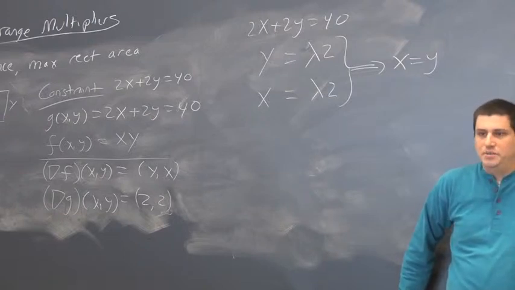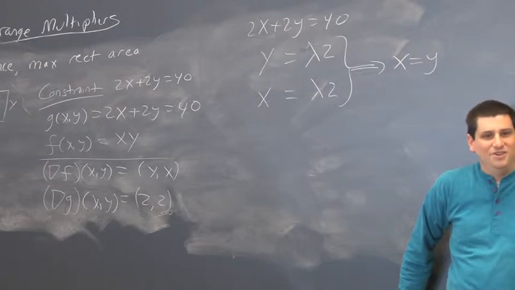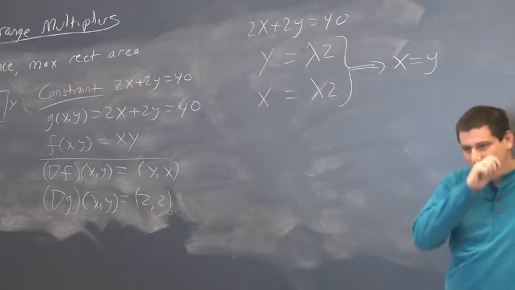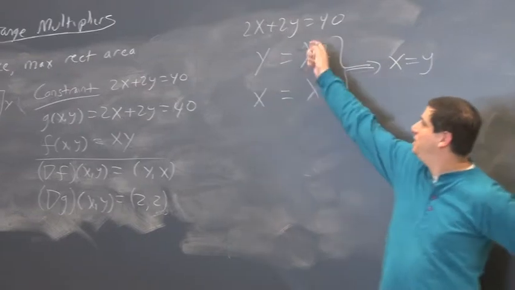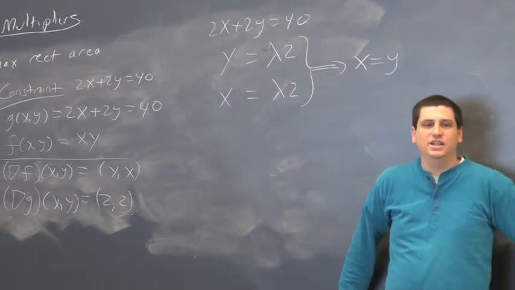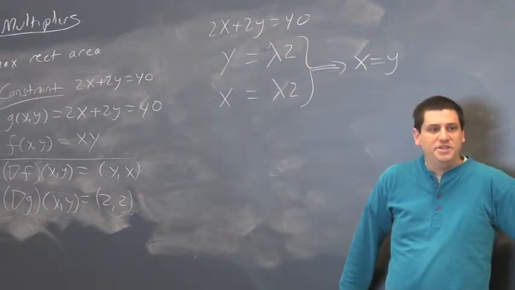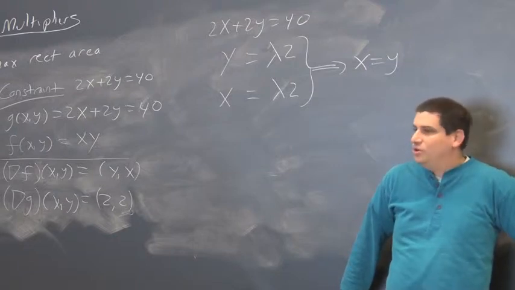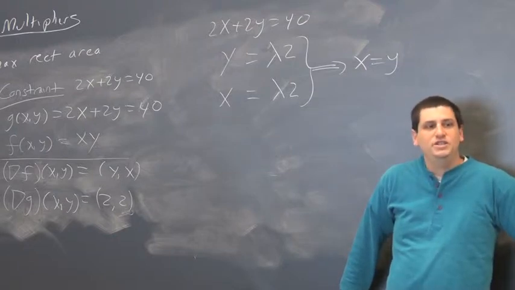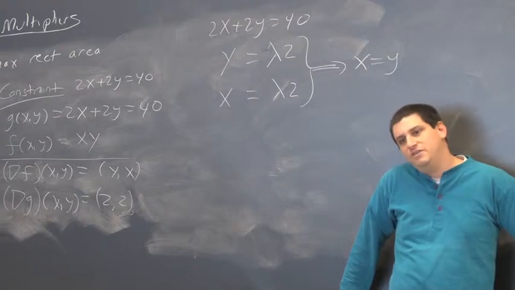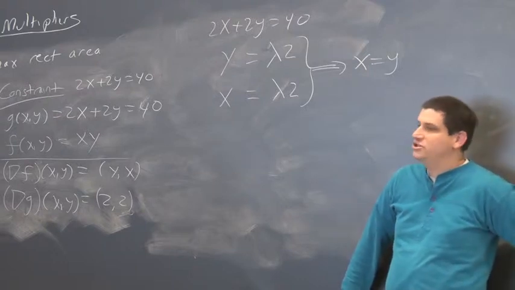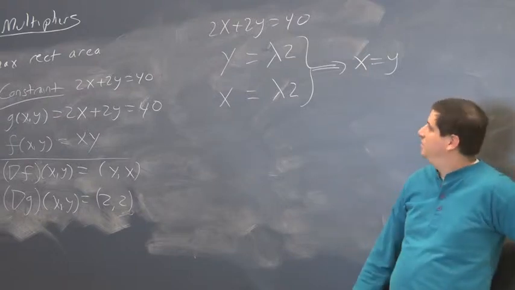Oh no, we lost lambda. Is that bad? No, we don't care about lambda, unless we absolutely need it to help. Lambda is helping us, but we don't care that we're losing it. We could always find lambda at the end of the day if we cared, but the goal is to find x and y. Doing something like this is good because it's getting rid of lambda, and it's giving us a relationship between x and y, and that's what we care about.